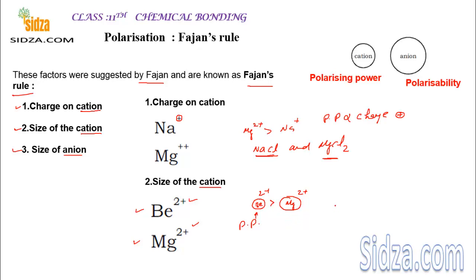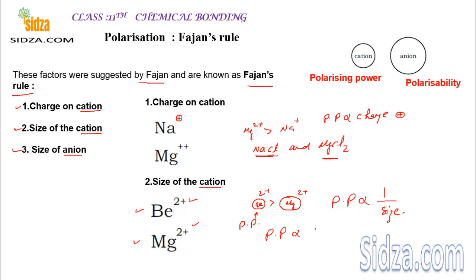So we can say here that the polarizing power again depends on what? It depends on the size, and here it is inversely proportional to the size. Correct? So the polarizing power of the cation depends on the charge, and it depends on the size.